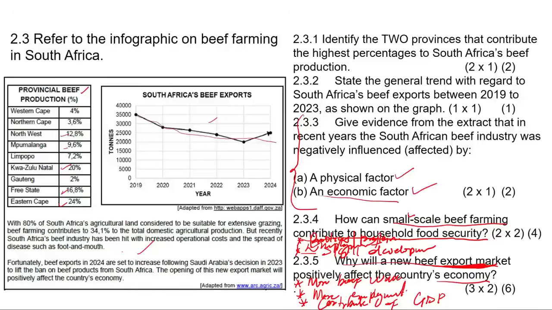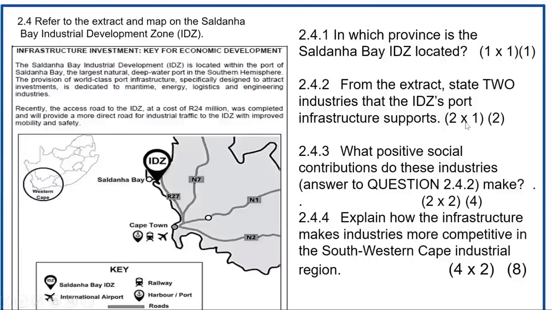That's it, and you know how much you are earning. But if a new market comes, it means you have to produce more than what you are producing. So if you produce more, you're going to export the products. And when you export the products, you're going to get more money. So that is what this question means. Why will a new beef export market positively affect the country's economy?